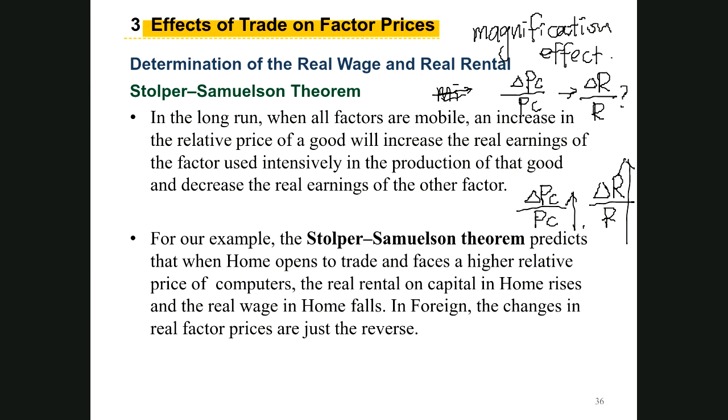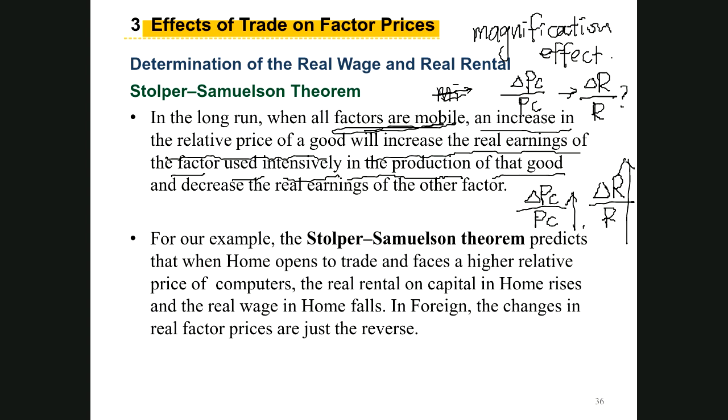So in the long run, when all factors are mobile, which is one of the important assumptions in the Heckscher-Ohlin model, an increase in the relative price of a good will increase the real earnings of the factor used intensively in the production of that good.